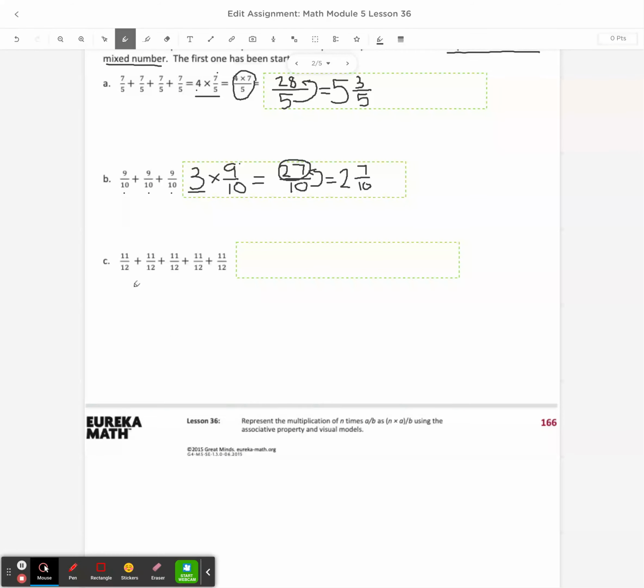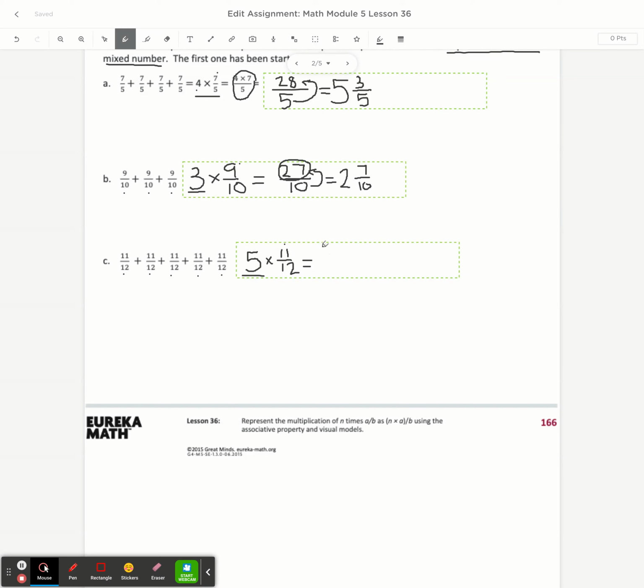Moving along, part C, we have 11/12 plus 11/12 plus 11/12 plus 11/12 plus 11/12. I said 11/12 5 times, so it'll be 5 times 11/12 because 11/12 is written out 5 times. Again, I'm going to start off by multiplying my whole number times my numerator.